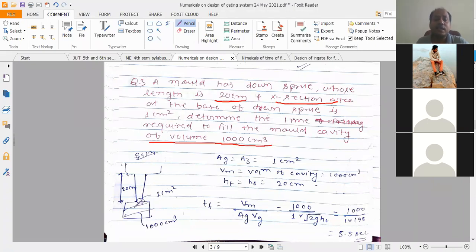Mold cavity, this one is the mold cavity और इसका volume है 1000 centimeter cube. Area at the gate 1 centimeter square, and the total height is 20 centimeter.